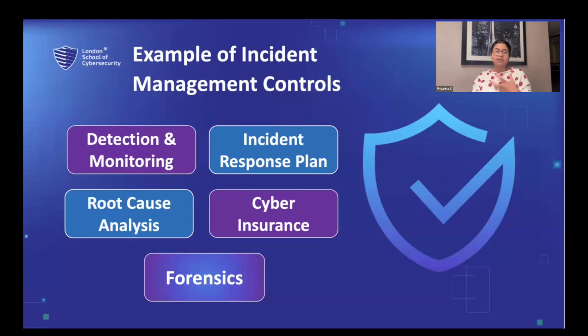It will make sure that the evidence we submit or review as part of the root cause analysis is not tampered with. Because if the evidence is tampered with, we cannot know with confidence why the incident happened. So that is where forensics becomes important.